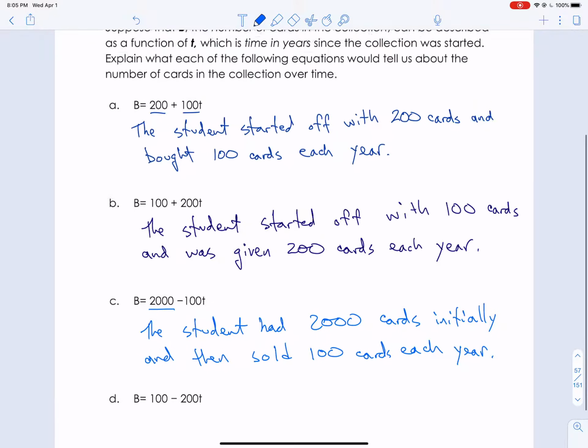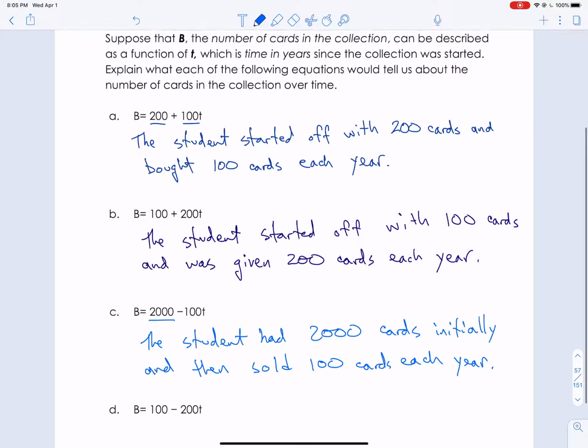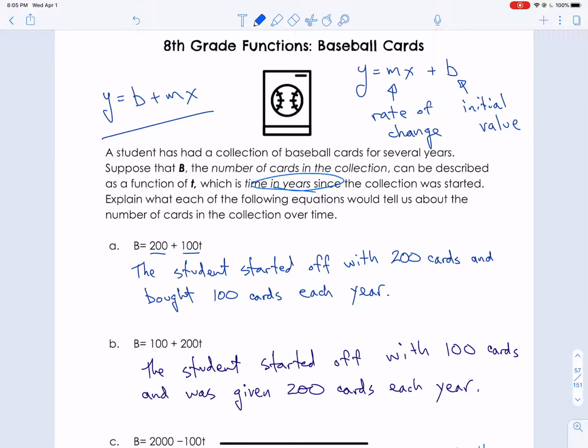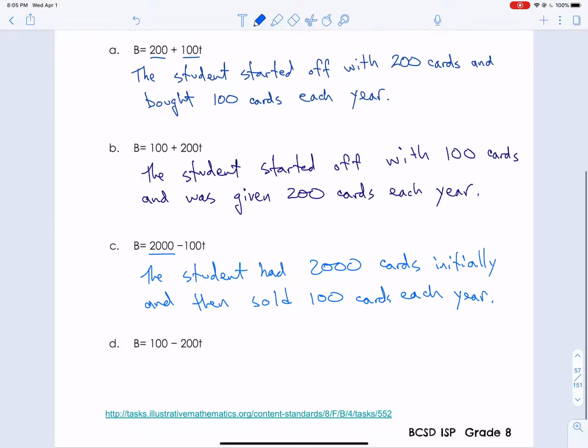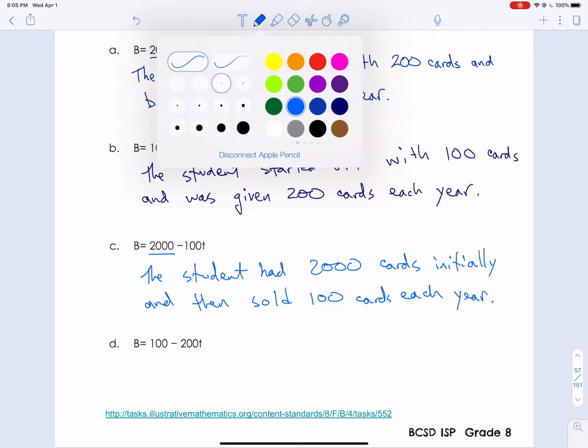Okay, in years, why are we saying year instead of like day or month or something like that? Because it tells us. Okay, so we have to use what statement. So years.